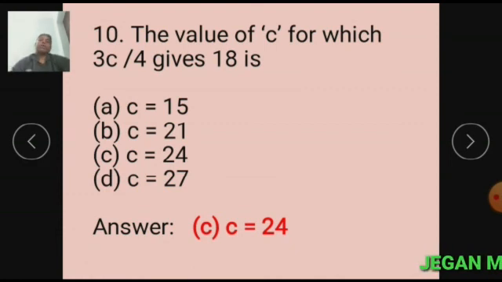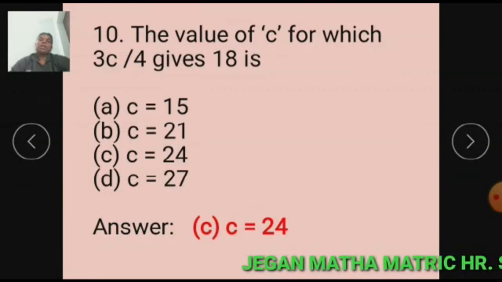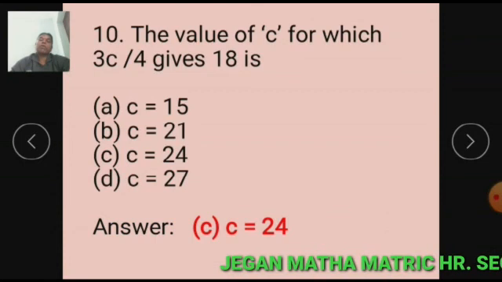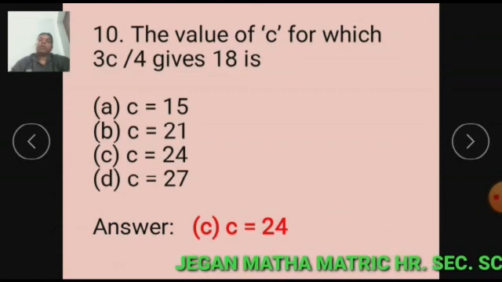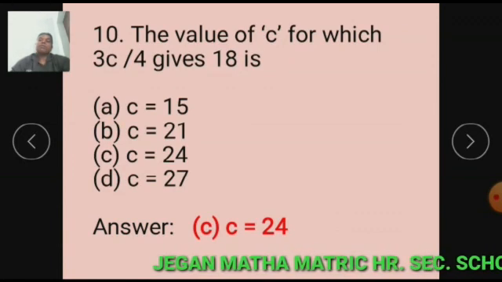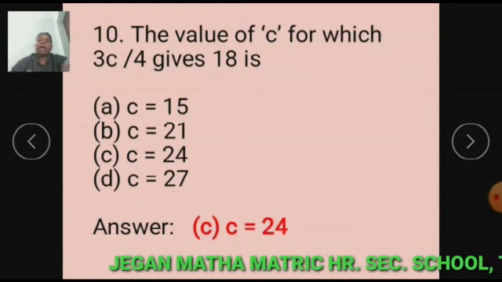So now we substitute the various C values in the given equation. C equals 15. 3 into 15 divided by 4 equals 18? Here 3 fifteens are 45. 45 is not divisible by 4. So this is not the answer.